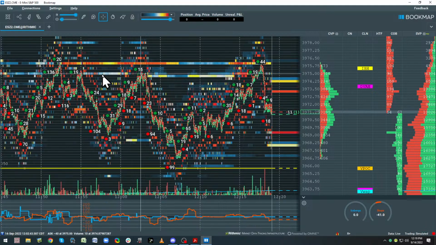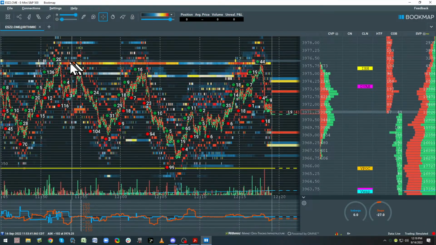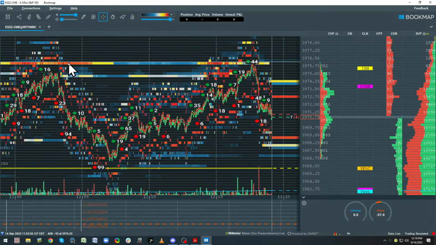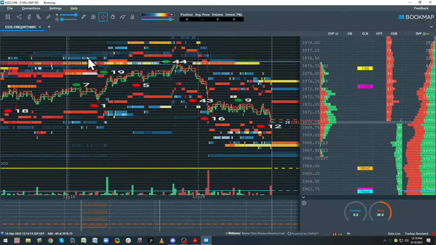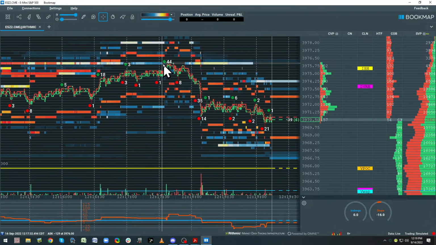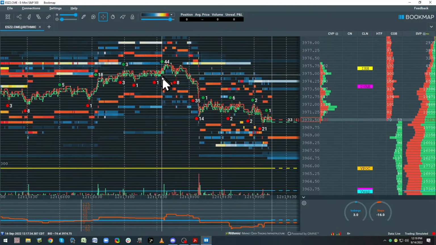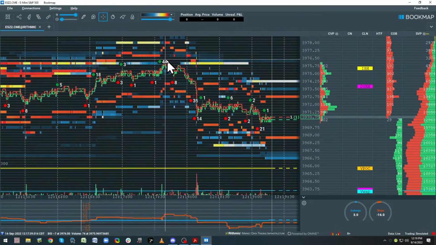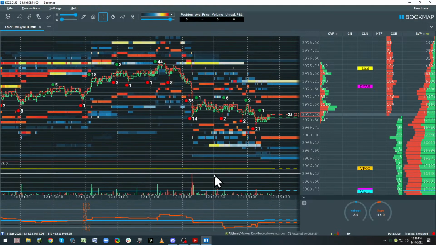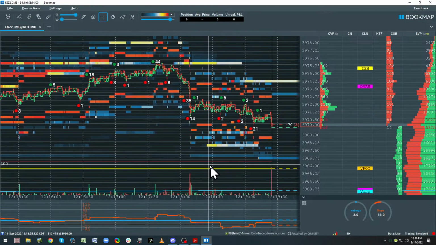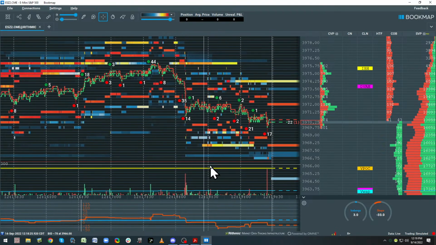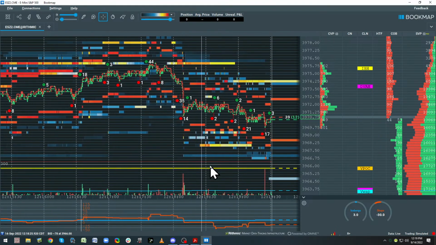Actually, let me look at this. All this was a stop pick. So let's watch the mean reversion. And then I'm going to have to go.